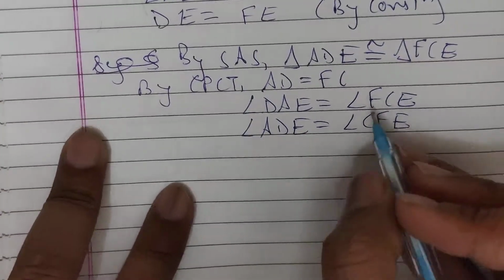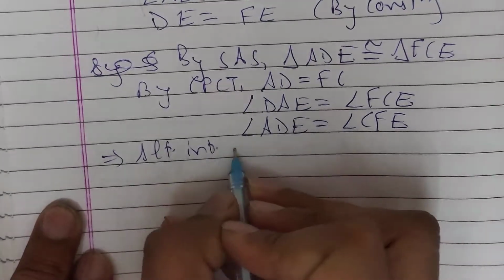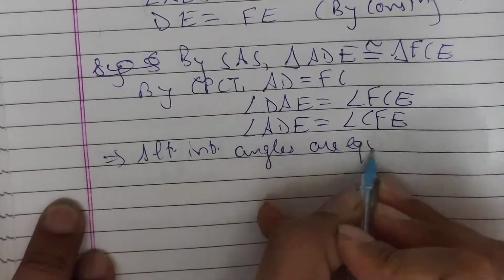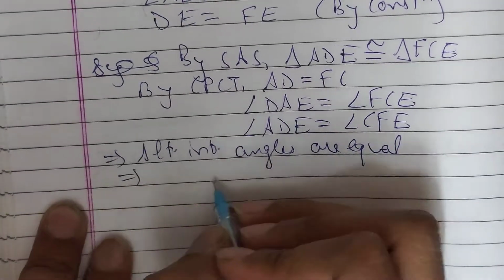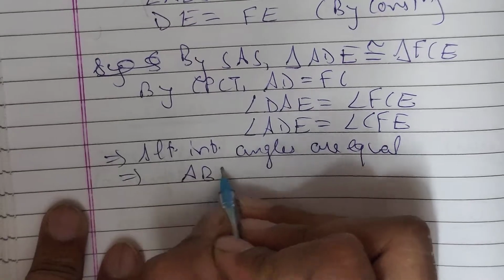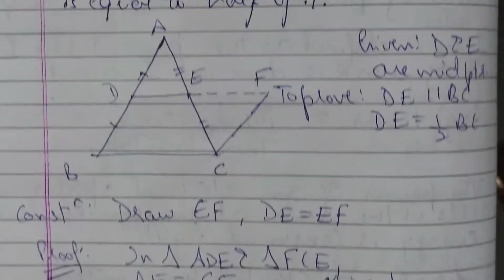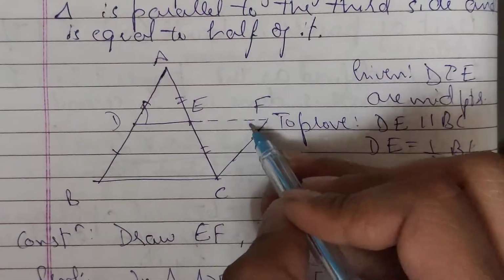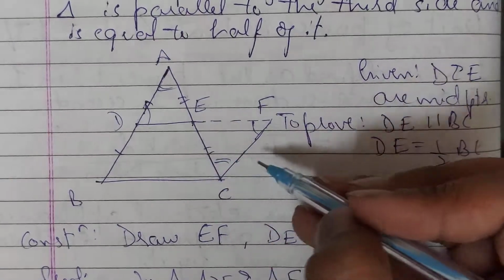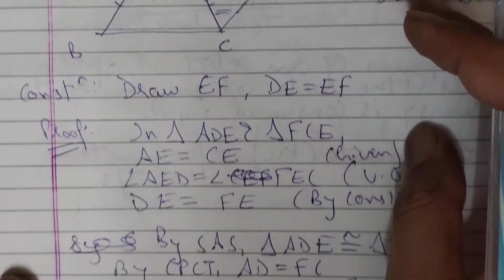If alternate interior angles are equal, this implies lines are parallel. So we can say AB is parallel to FC. If this angle is equal to this angle, that means alternate interior angles are equal, so the lines are parallel.